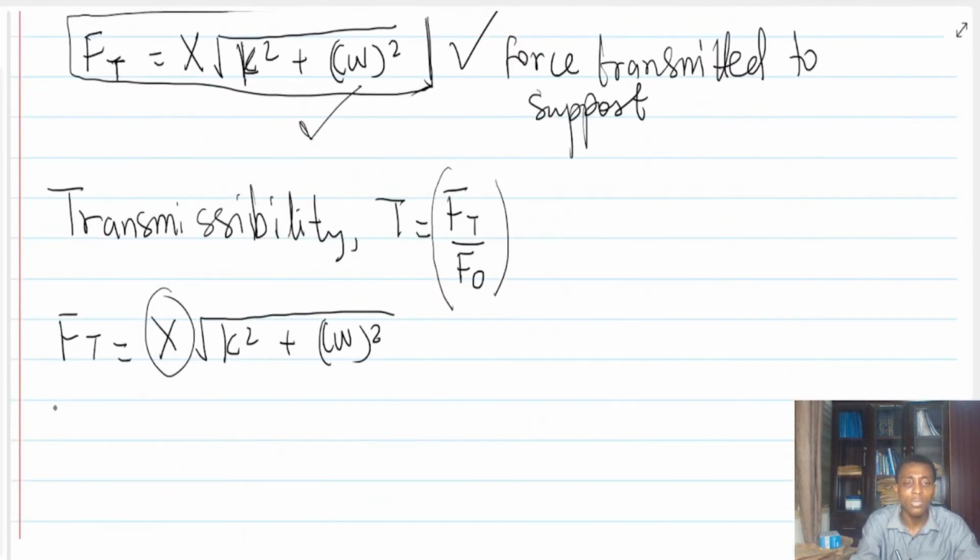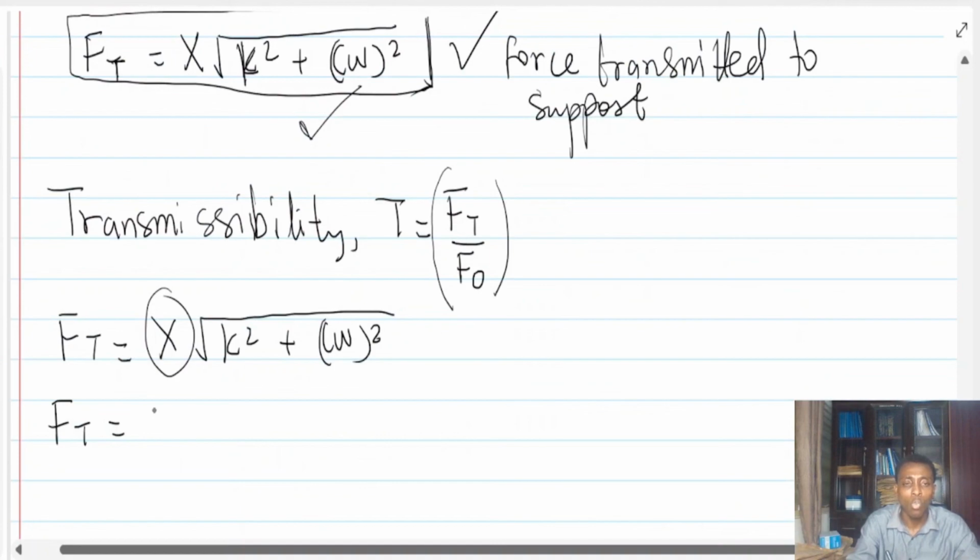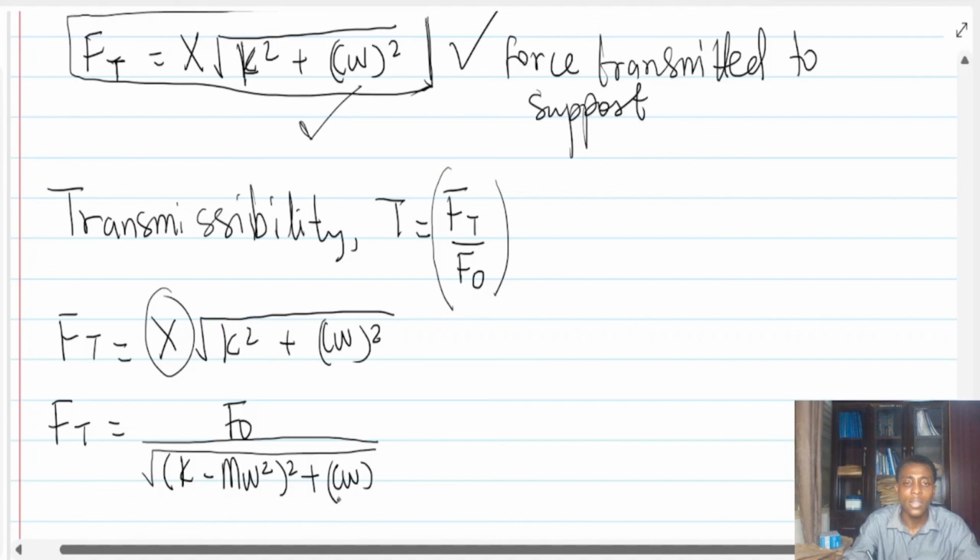So Ft is going to be F naught, all divided by the square root of (k minus m omega squared) squared plus (c omega) squared, that is x, then multiplied by the square root of k squared plus (c omega) squared.